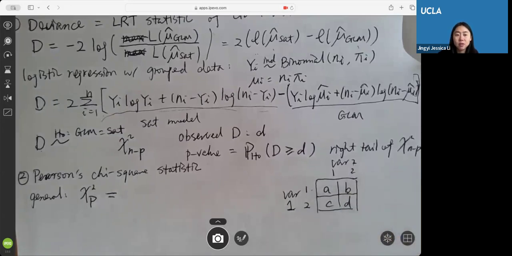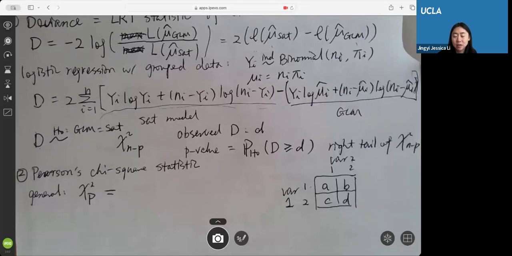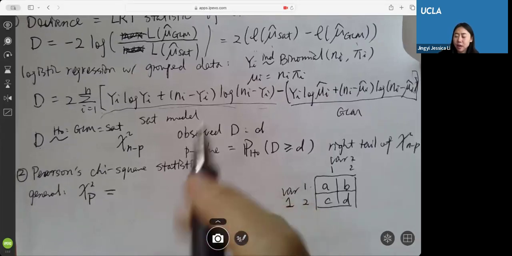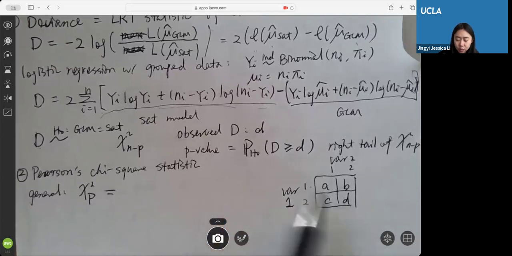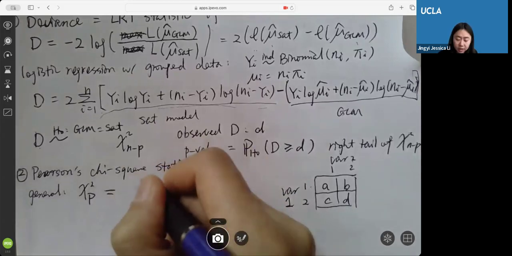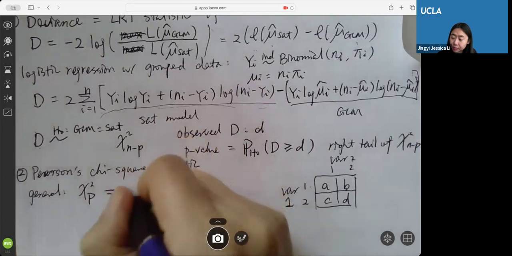And this problem can also be solved with Fisher's exact test. So this is a very classical problem here. And the Pearson chi-square statistic can be used to address this problem. Essentially, this can be said as a sum.